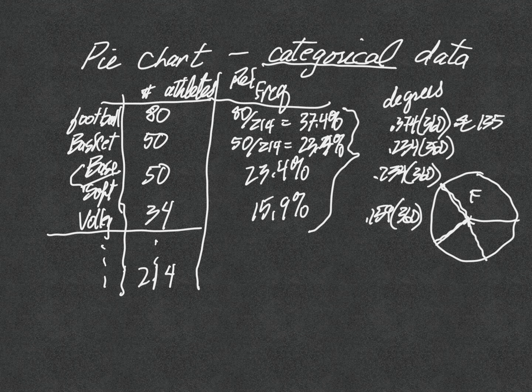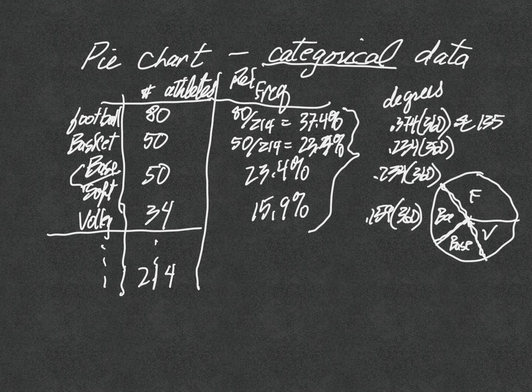So these two categories right here are the same size, and this would be basketball, and this would be baseball, and then the last category would be our volleyball category.